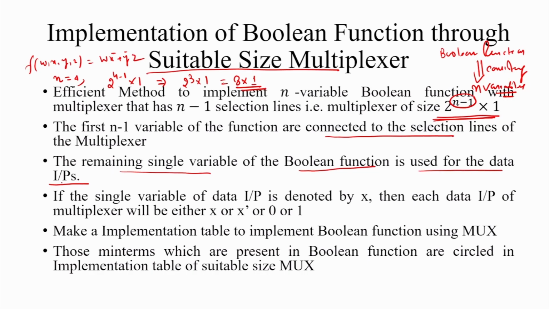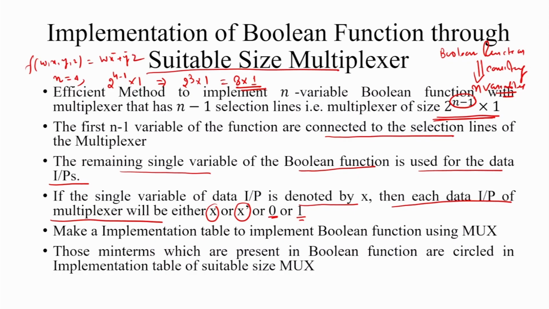Data inputs means what is supplied through an input of the multiplexer, and if the single variable of data input is denoted by x, then each data input of the multiplexer will be x, either x goes through that input, or x complement goes through that input, or simply 0 goes from some input or 1 goes from some input.